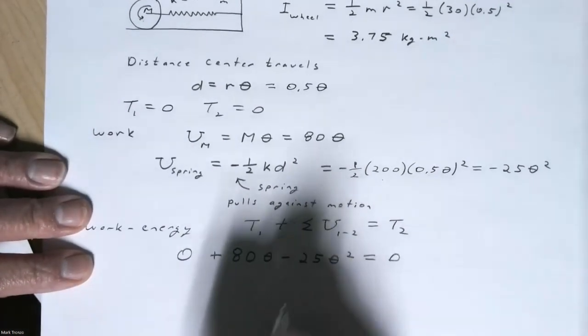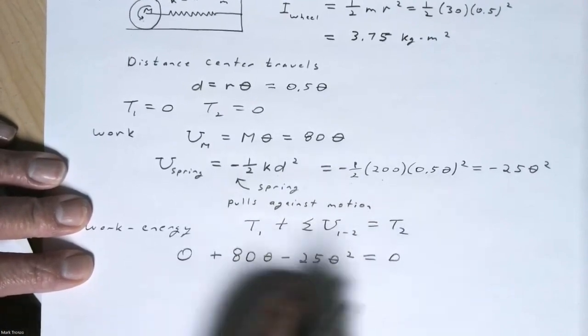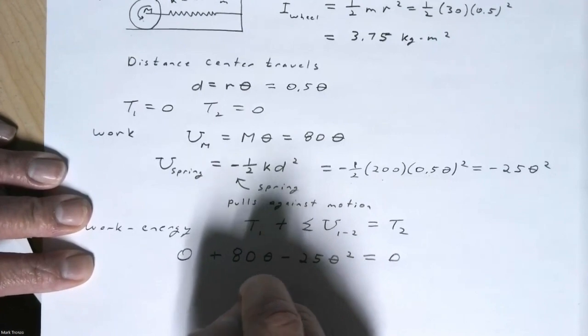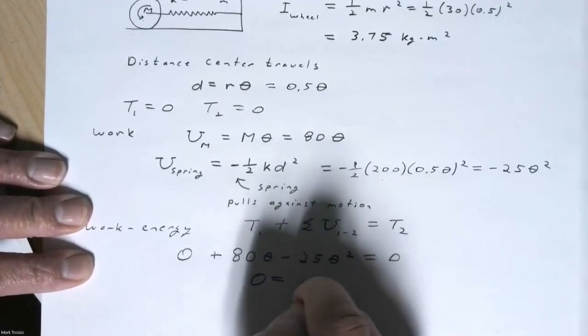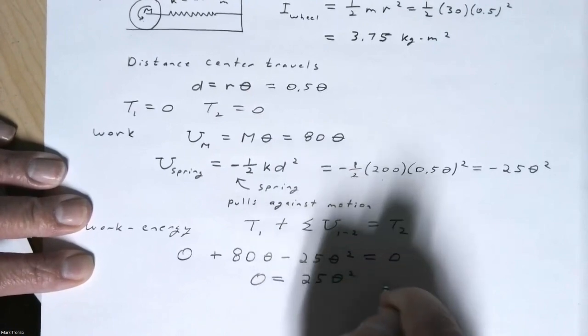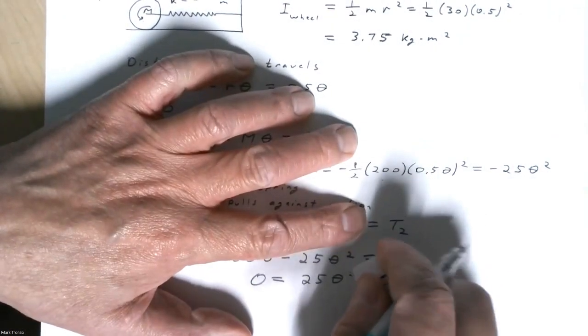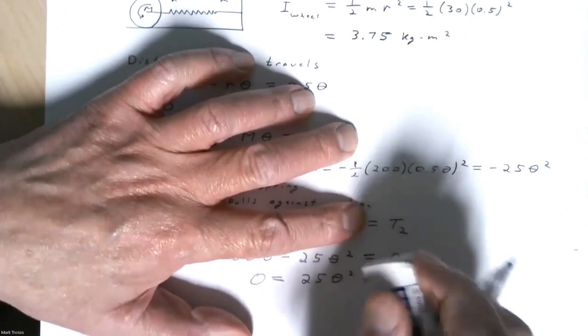So let's see what we can do. Let me bring everything over to the right just to make it look nicer. That'll make this positive, and that would make this one negative.